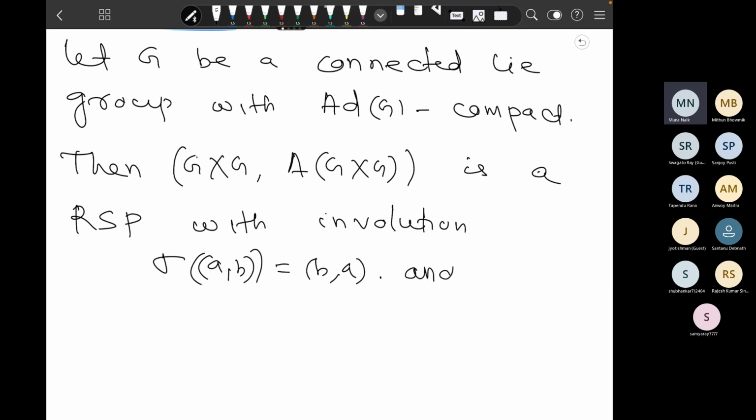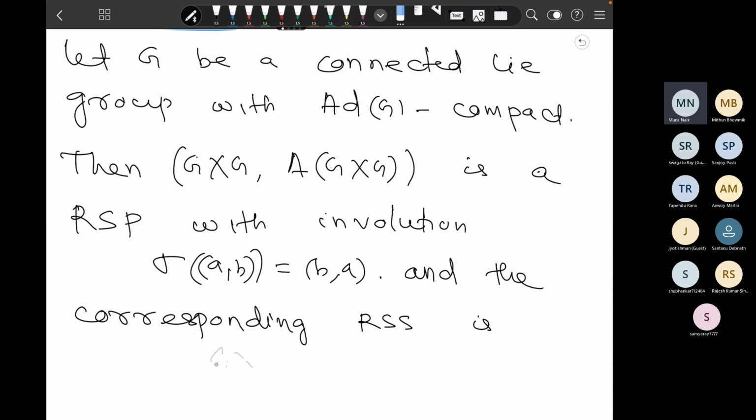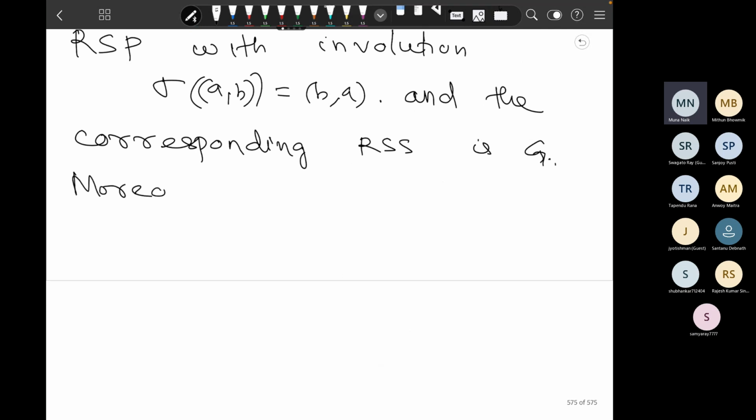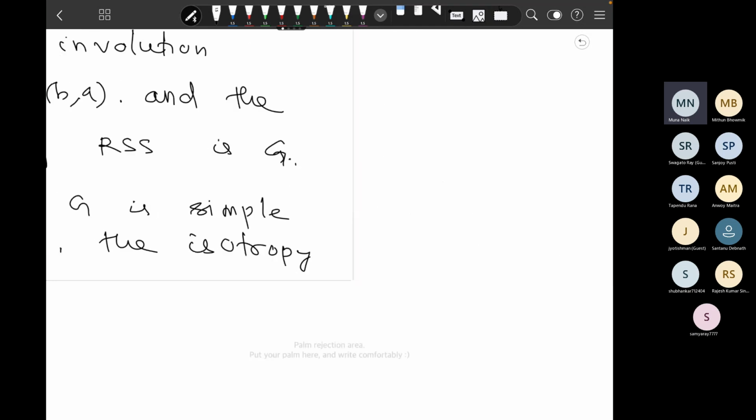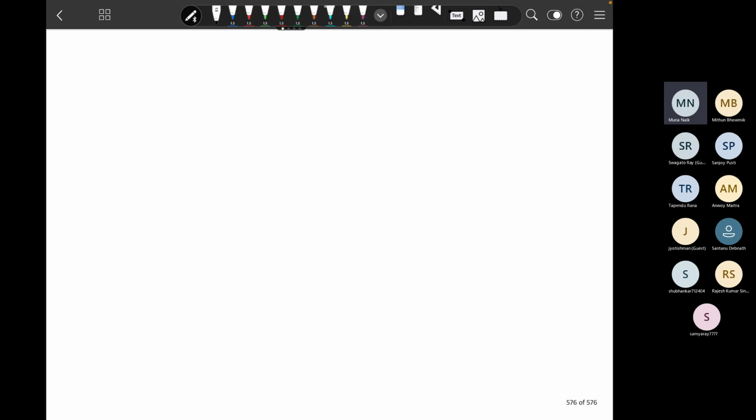And the corresponding Riemannian symmetric space is G. Moreover, if G is simple and compact, the isotropy representation is reducible.